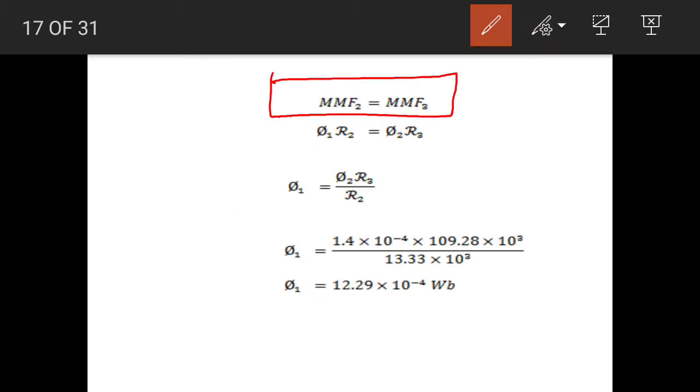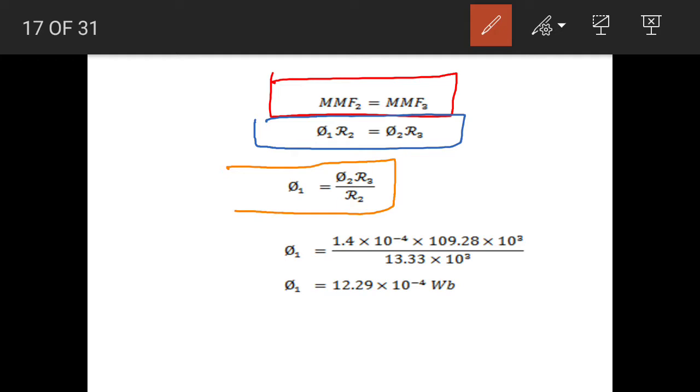And we know that MMF2 is basically equal to phi 1 R2 and MMF3 is equal to phi 2 R3. So we simplify this equation for phi 1. So phi 1 will be equal to phi 2 R3 over R2. So we put the values on the right hand side of this particular equation.